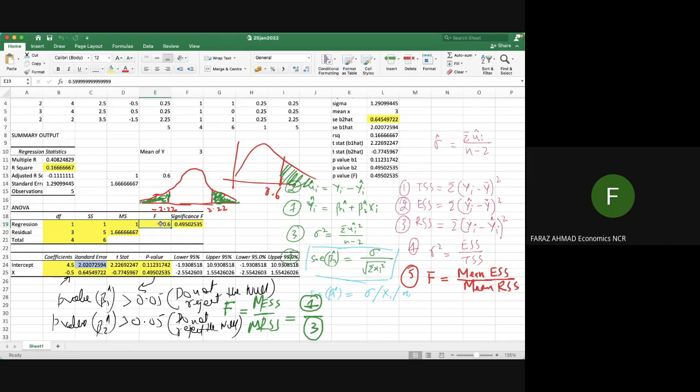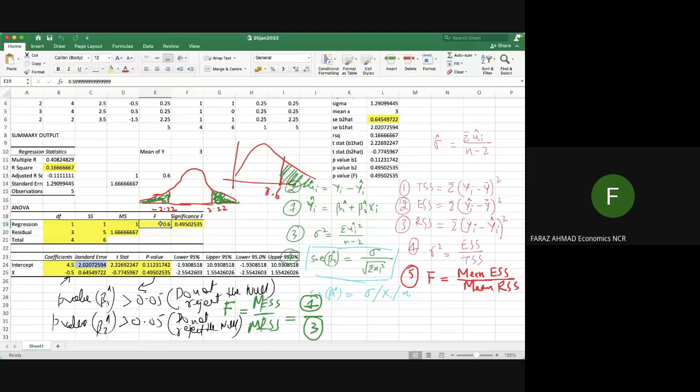So when we are trying to reject or not reject this hypothesis that all slopes are simultaneously zero, we calculate the F statistic, and we look into the F table to get the p-value of the F statistic and make a decision on whether or not to believe that all slopes are simultaneously zero.